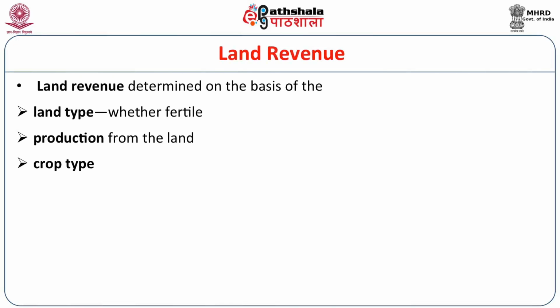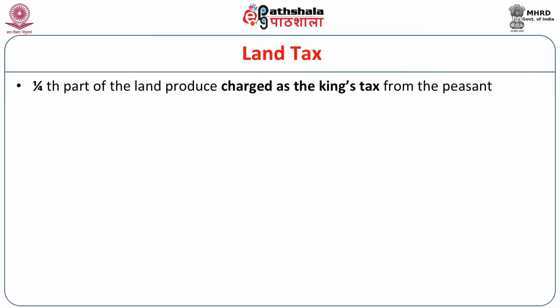Number 3, crop type. What type of crop, millet or other, barley or wheat or rice, paddy, brihi, what type of crop was produced? Cotton crop, that is cash crop, what type of crop? Taking into consideration all these factors, land revenue was determined, and in this connection what we get? 1/4 part of the land produce charged as the king's tax from the peasant.